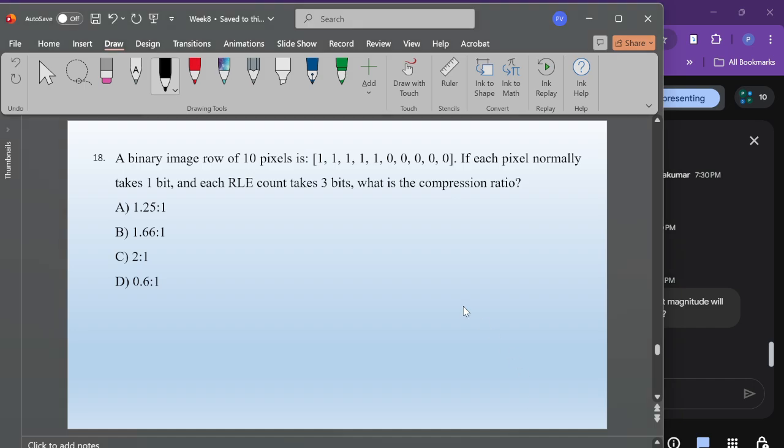A binary image row of 10 pixels is given. Each pixel normally takes 1 bit and each RLE count takes 3 bits. What is the compression ratio?